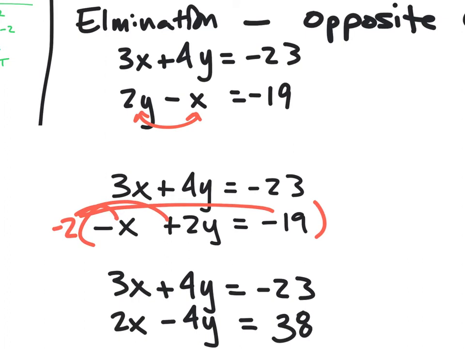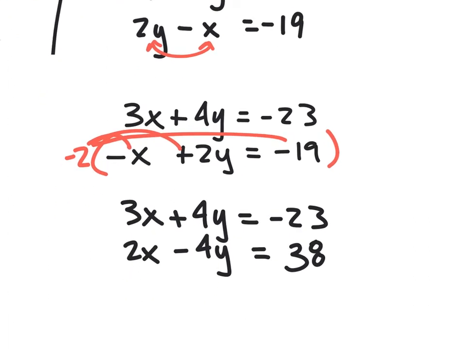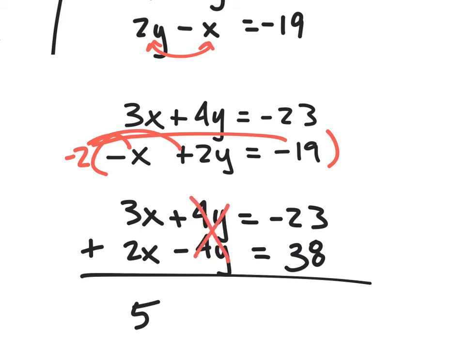Okay? Now, once you get this, then you can simply add these two equations together. 3x plus 2x gives you 5x. 4y minus 4y, it's 0. It gets eliminated, hence the name elimination.